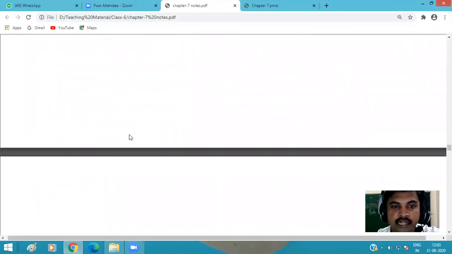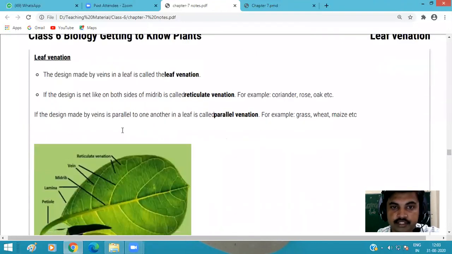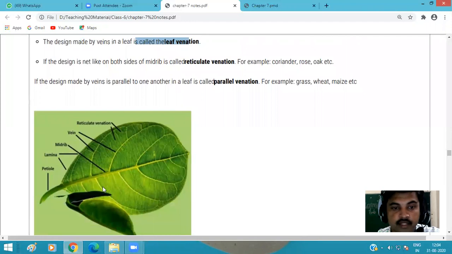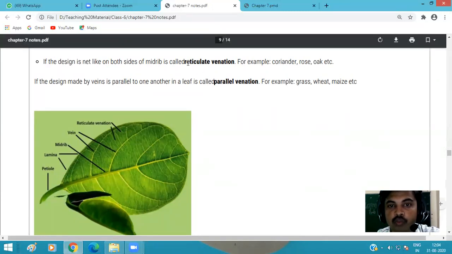Then come to the next point, leaf venation. What is leaf venation? The design made by veins is called leaf venation. In this picture you see one type of leaf venation. When veins form a network, this type of venation is called reticulate venation.